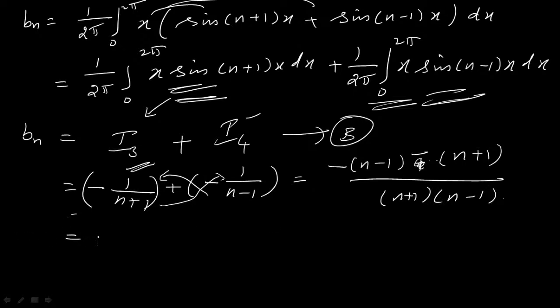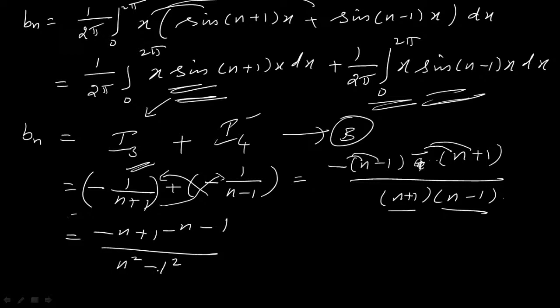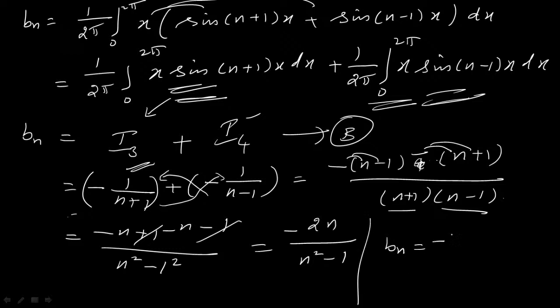Okay, so by taking minus inside, so you have minus n plus 1. Okay, here minus n minus 1 divided by, this is of the form a plus b product a minus b. A plus b into a minus b is a square minus b square, that is n square minus 1 square. What happens here? Plus 1 and minus 1 being cancelled. So you get minus 2n divided by n square minus 1. So we get the value of bn is equal to minus 2n divided by n square minus 1.